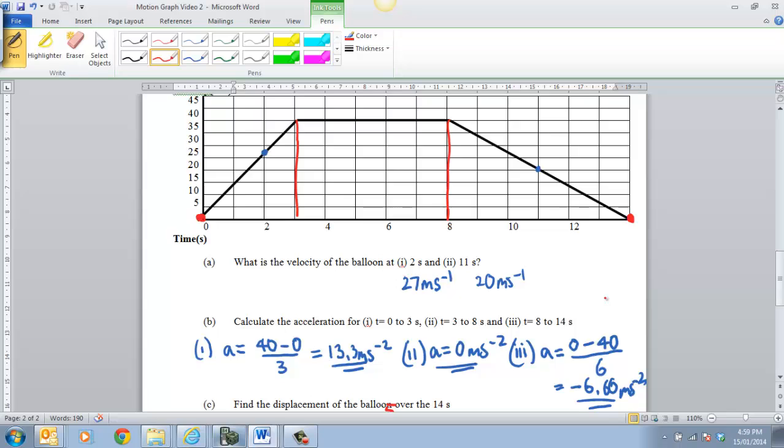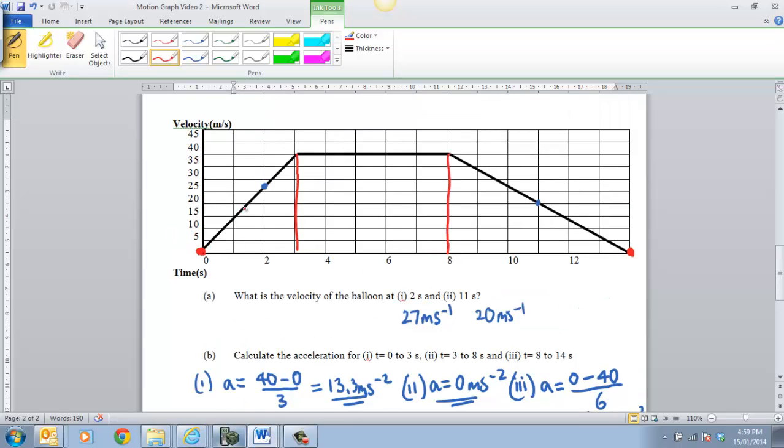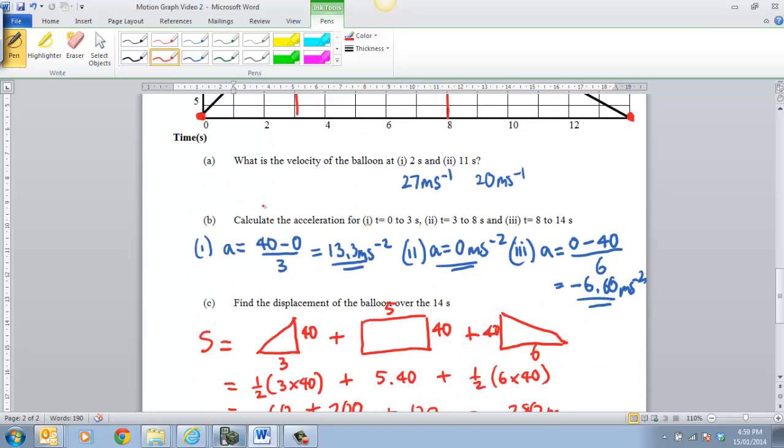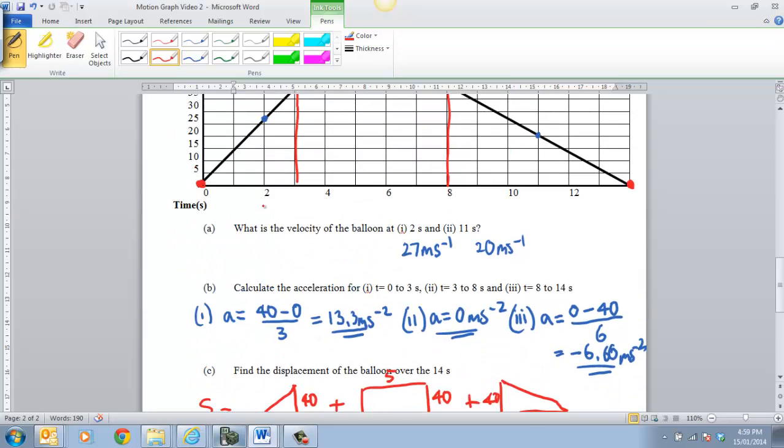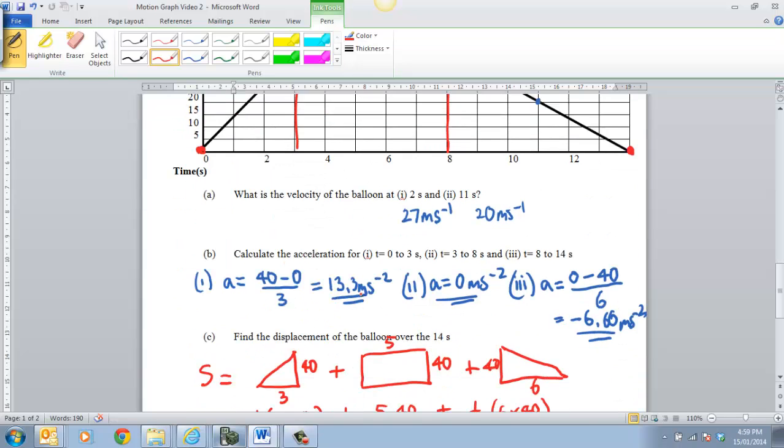So for our first segment, it's moving upwards, isn't it? It's got an acceleration in that first segment of 13.3. The next segment's got an acceleration of 0, and the next segment's got an acceleration of minus 6.66.